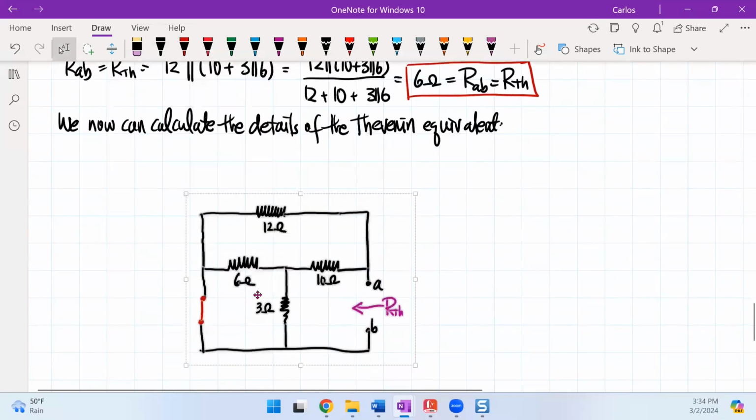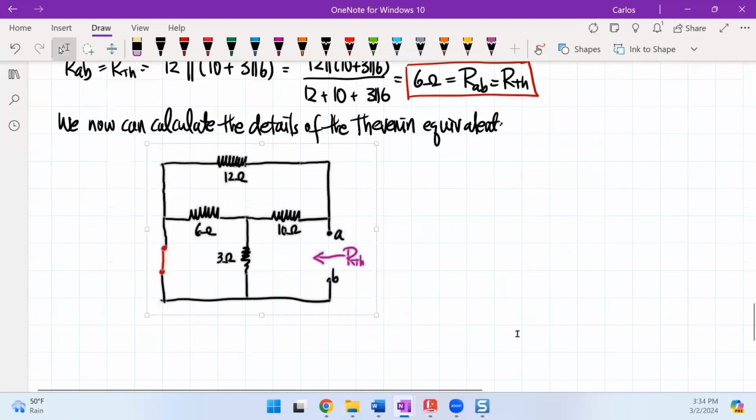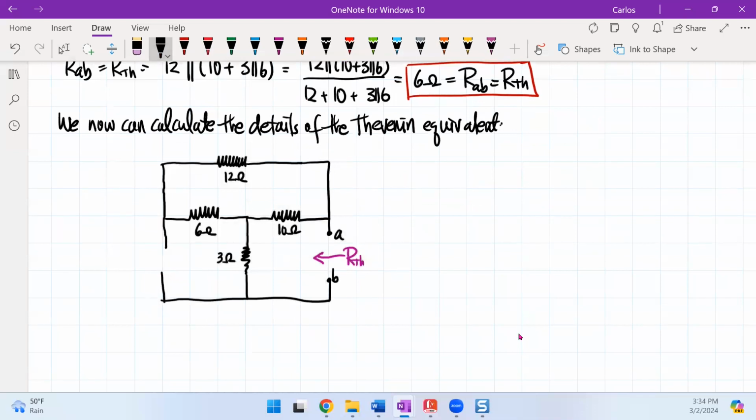So here's my circuit. What we have is an 18-volt source here. And this guy now looks like this.